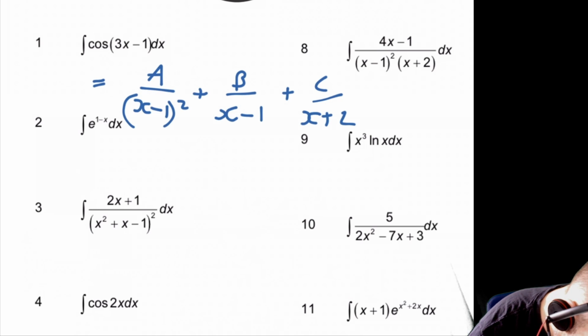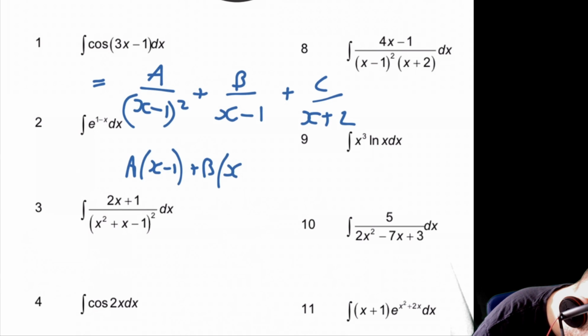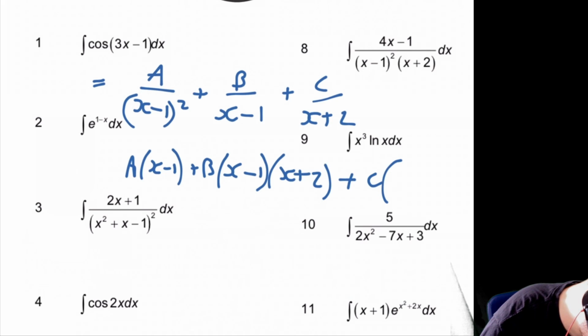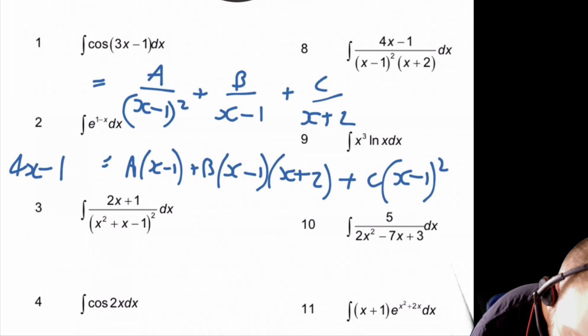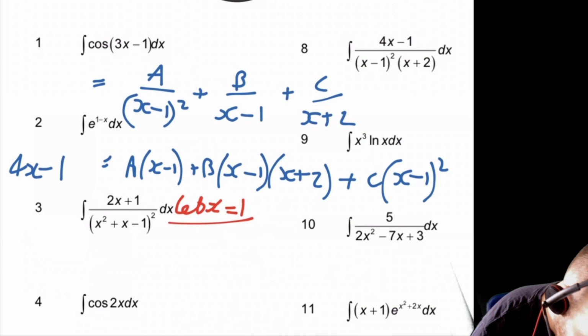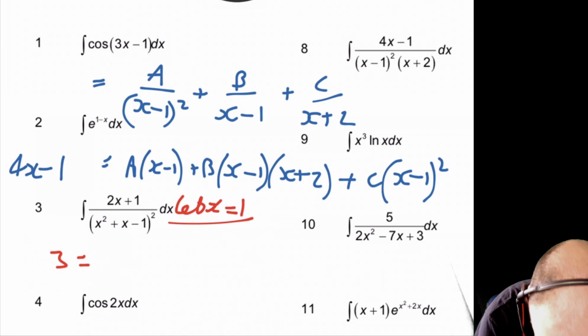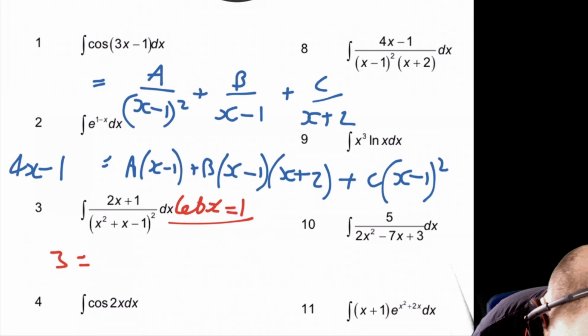Cross multiply to get a(x plus 2) plus b(x minus 1)(x plus 2) plus c(x minus 1) squared, all equals 4x take 1. So we're going to let x equal 1. And we get 4 take 1 is 3, everything cancels apart from the first one. For a we get 1 plus 2 is 3a, therefore a is 1.